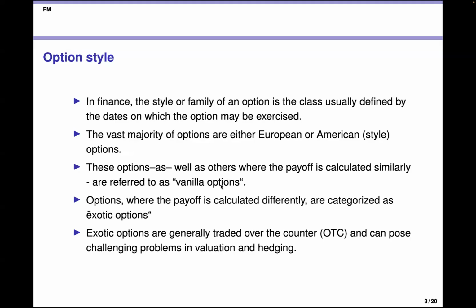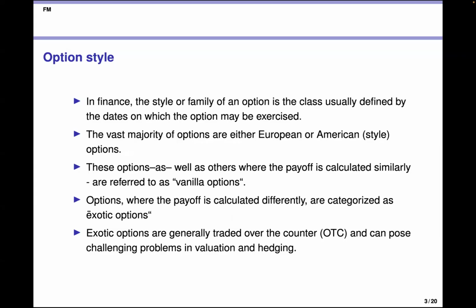We said that the payoff function is the key component for the difference between vanilla options and exotic options. Do you remember how we computed the payoff function for our call option in the previous lecture?